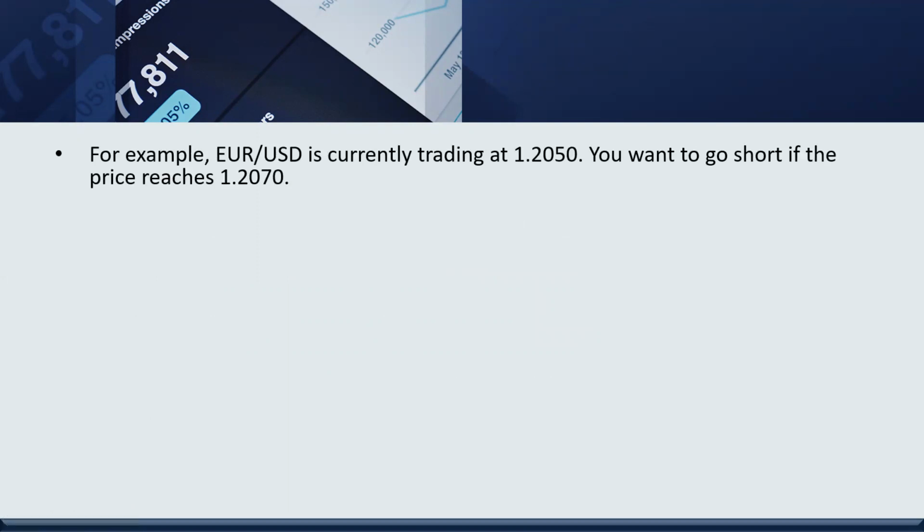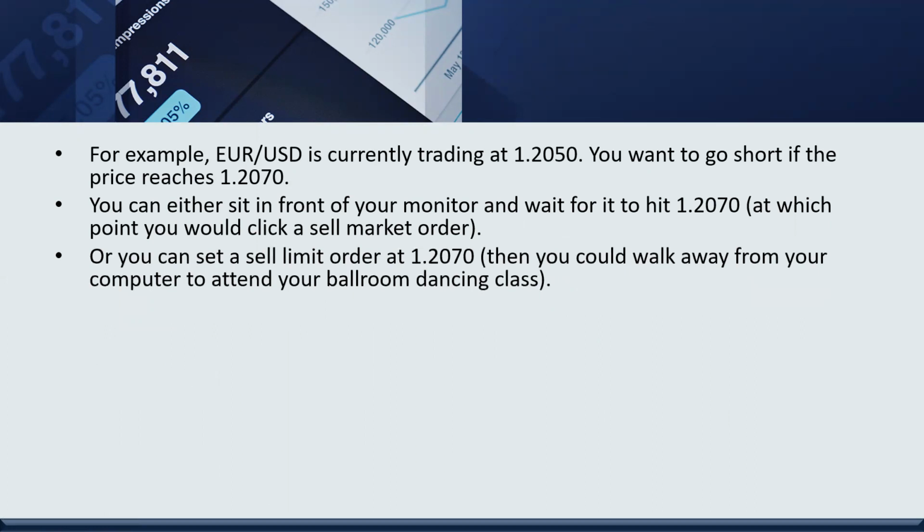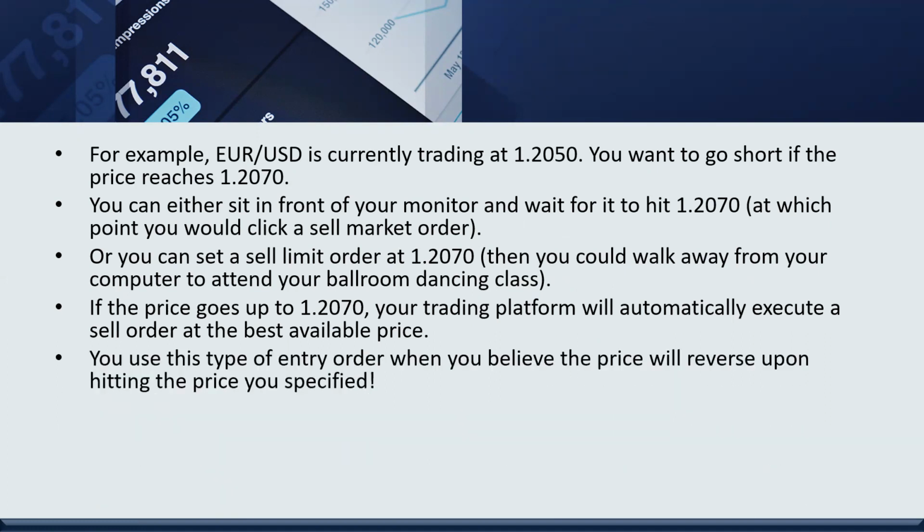So for example, if Euro USD is currently trading at 1.2050 and you want to short the market at 1.2070, you can either wait for the price to hit 1.2070 or you set a sell limit order at 1.2070 and you walk away from your computer.